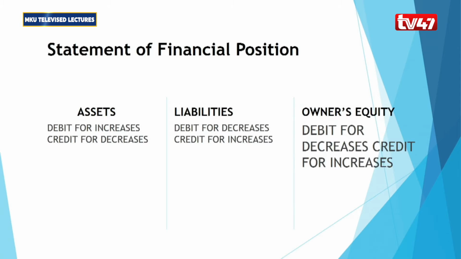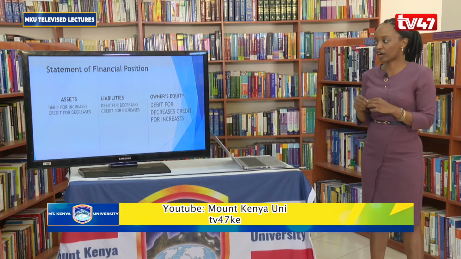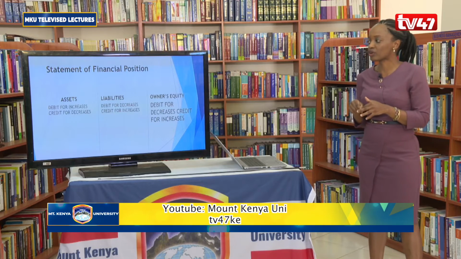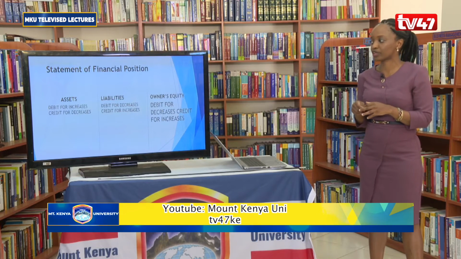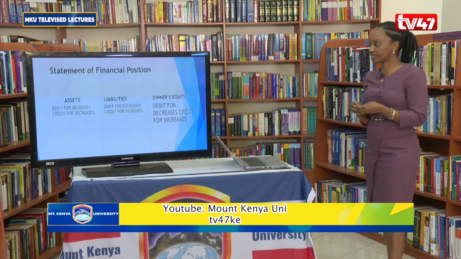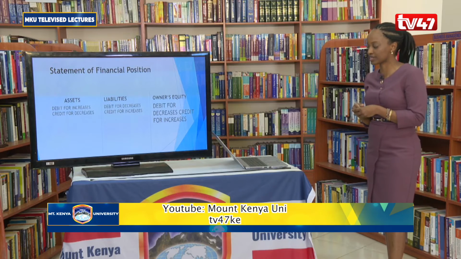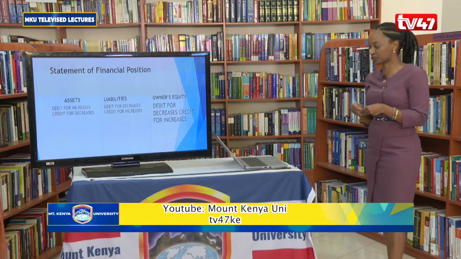The twofold effect is your stock account will have increased while your creditor, in this case XYZ, will equally increase. So in this case, stock account we are going to debit by virtue of the fact that it's an asset, and then we open a creditor's account, and of course remember to credit 3,000 shillings, as a result of the stock acquisition.